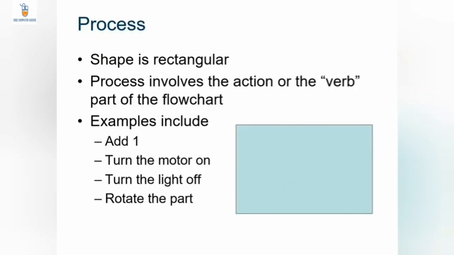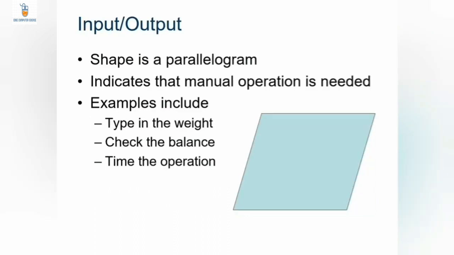The process or actual calculation is represented by using a rectangular shape. It includes examples like adding, turning the motor on, turning the light off, rotating the part. So whatever task we do, we write in the rectangle. Then all the input and output is written in a shape that is parallelogram.